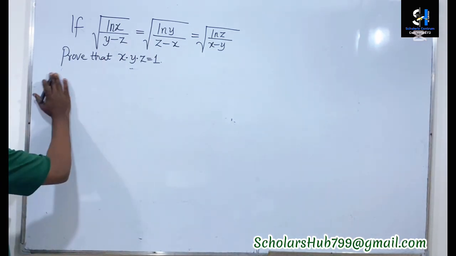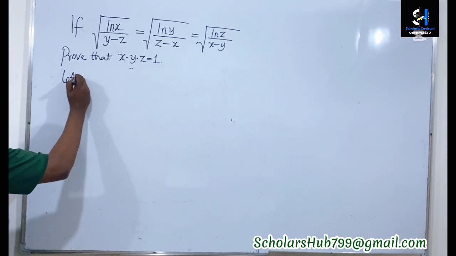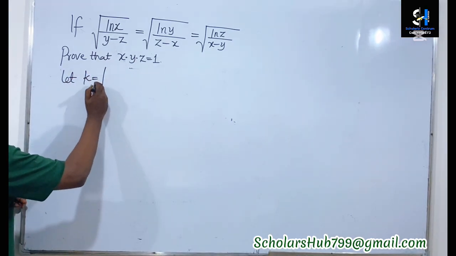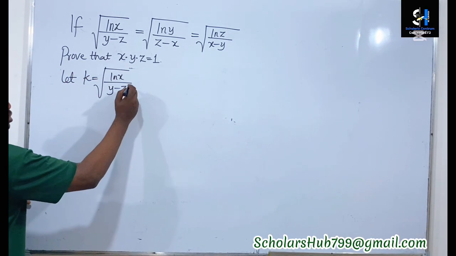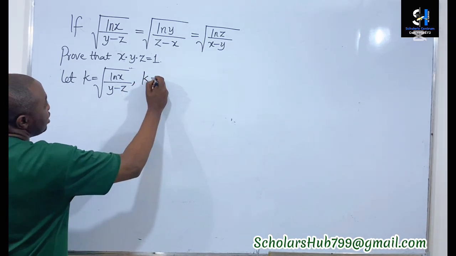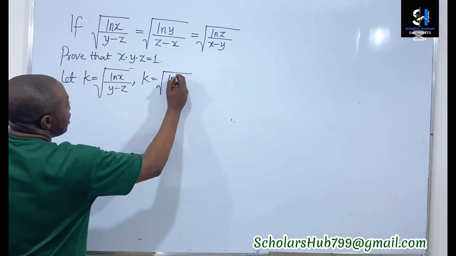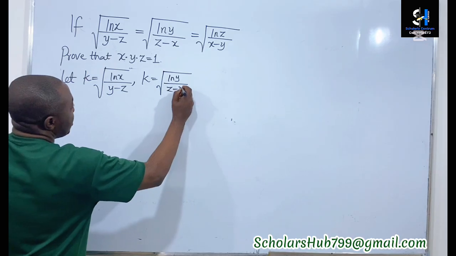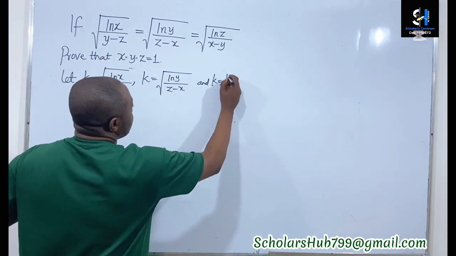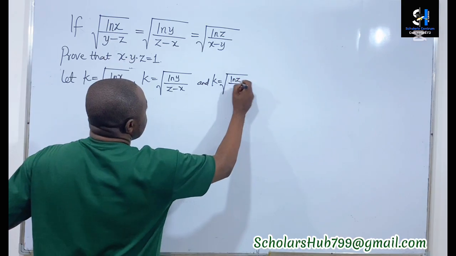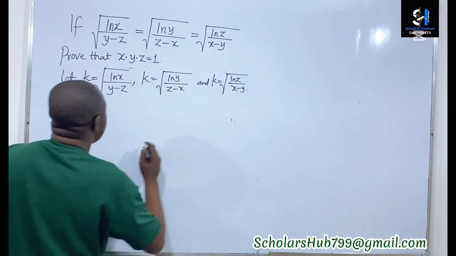So we can say, let k equals root of ln x over y minus z. k again equals root of ln y over z minus x, and k equals root of ln z over x minus y.